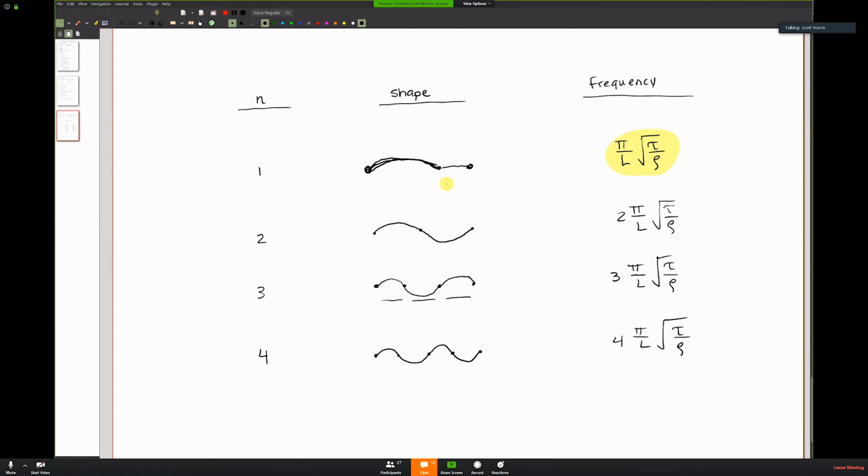What happens when L gets smaller? When L gets smaller, the frequency increases. That's how you change the pitch of a string instrument, at least the instruments where you put your fingers down on the strings: you are changing the value of L, which increases the pitch.